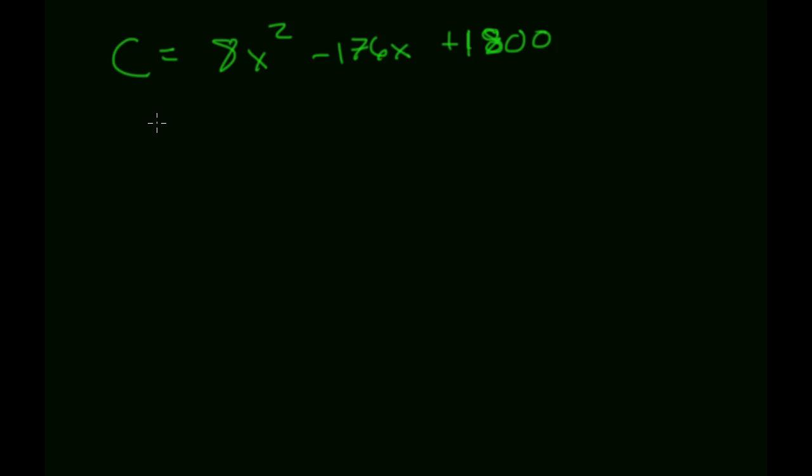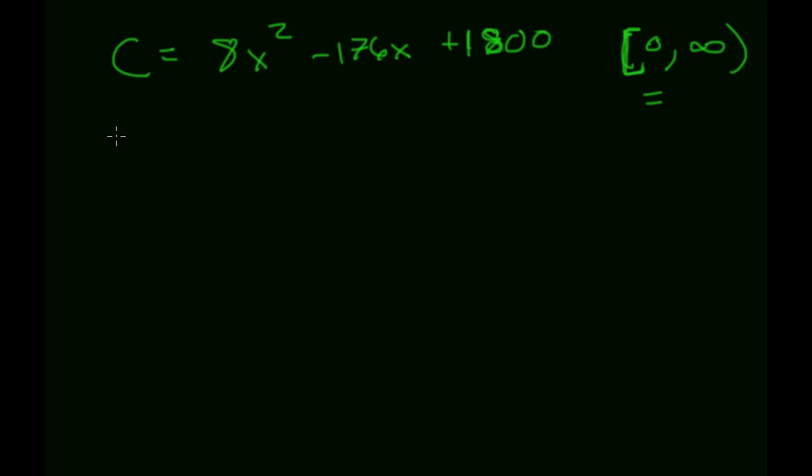So the first thing I need to note is that there is an endpoint of the domain. My domain here is strictly x ≥ 0, and in theory I can make an infinite number of units, but I do have an endpoint at 0. This function is continuous everywhere.